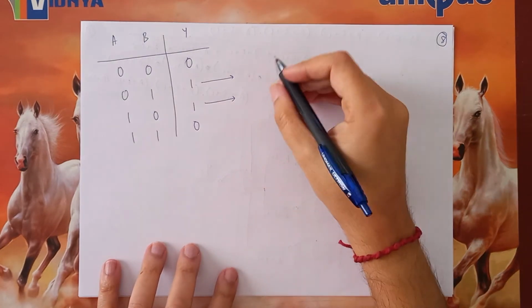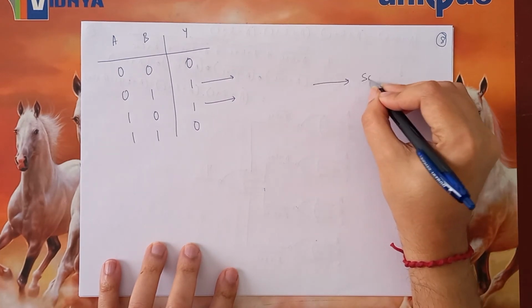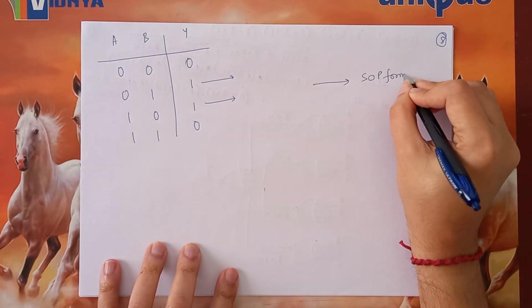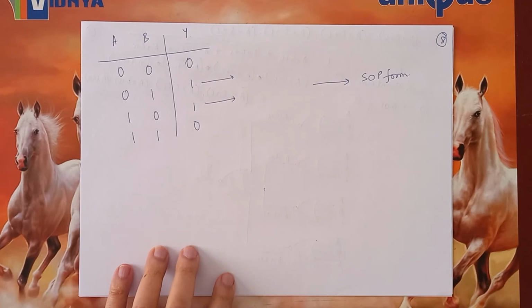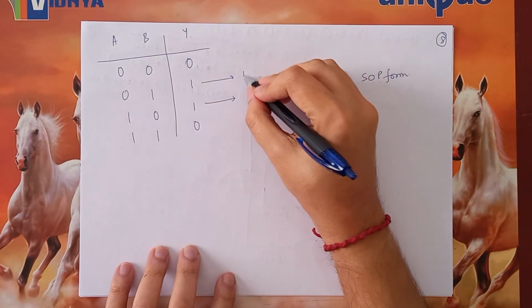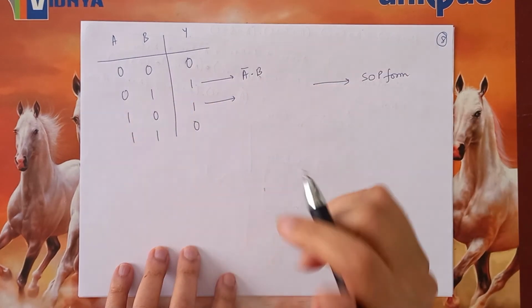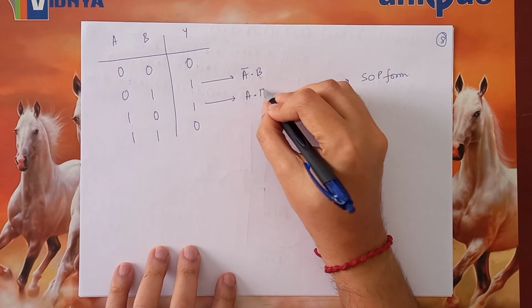So from here we get product terms and finally we end up with the SOP form. So corresponding to this one, this term would be a bar dot b, whereas corresponding to this one, this term would be a dot b bar.